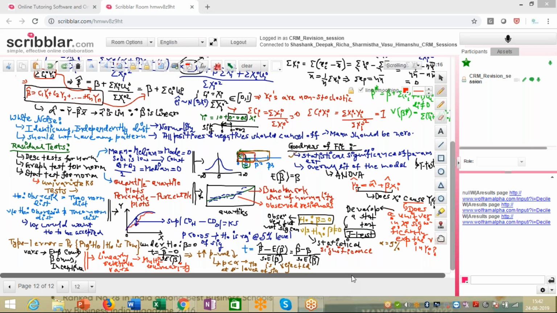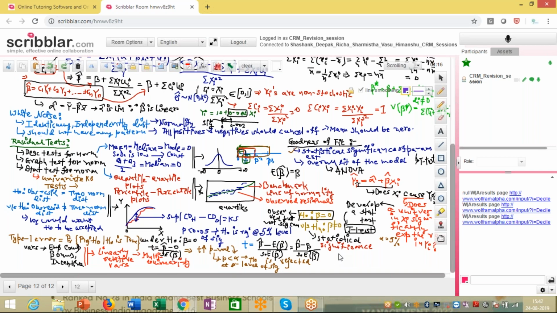Let's first start by defining multicollinearity, and before that, let us talk about the concept of a linear combination.